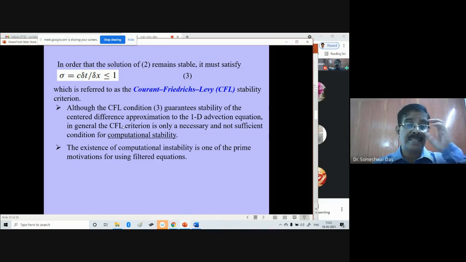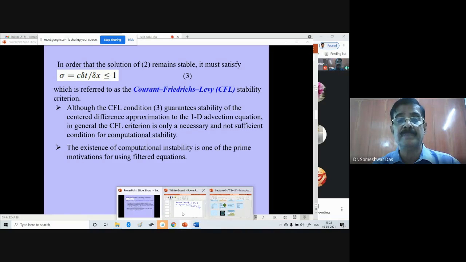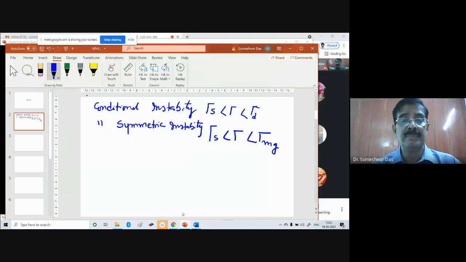Now the existence of computational instability is one of the prime motivations for using filtered equations. Because when we are trying to integrate the differential equations, we are constrained by the CFL condition, which states that C delta t divided by delta x must be less than or equal to 1.